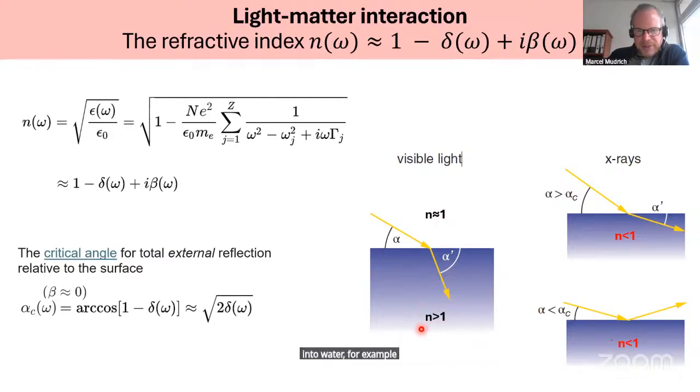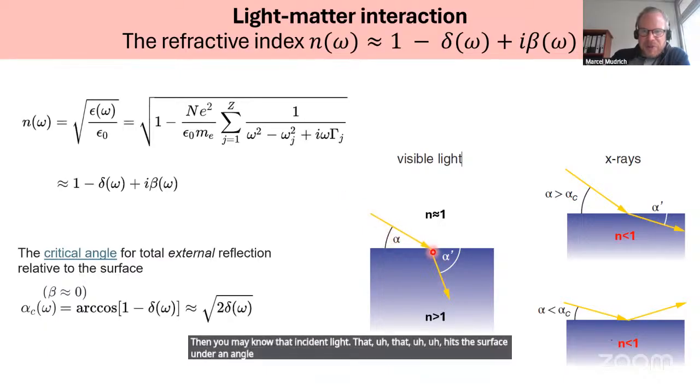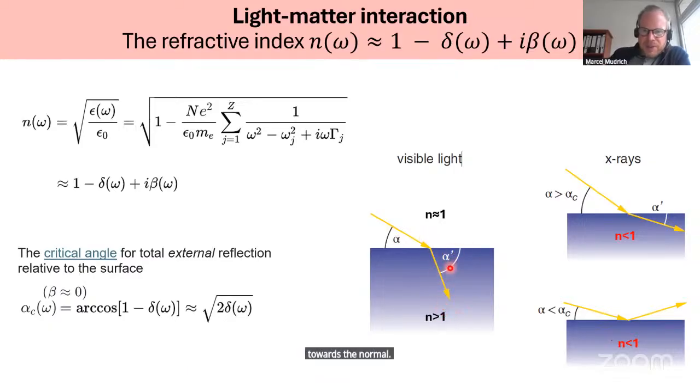Water has an index of refraction slightly larger than 1. Then you may know that incident light that hits the surface under an angle alpha would get refracted towards the normal, right? So alpha prime will be larger. But that has to do with the fact that water or glass, like most materials, have a larger index of refraction than air.